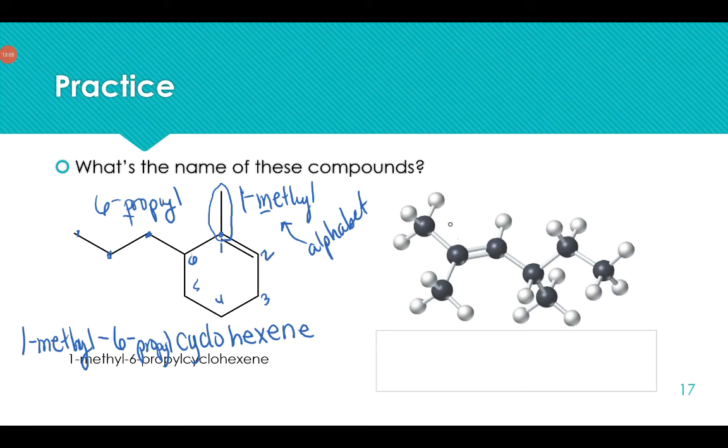Now for our next molecule. This is a ball and stick model. So let's first translate that into a line structure or something a little bit easier to look at. That's 1, 2, and then a double bond. Then it goes zigzaggy down 1.